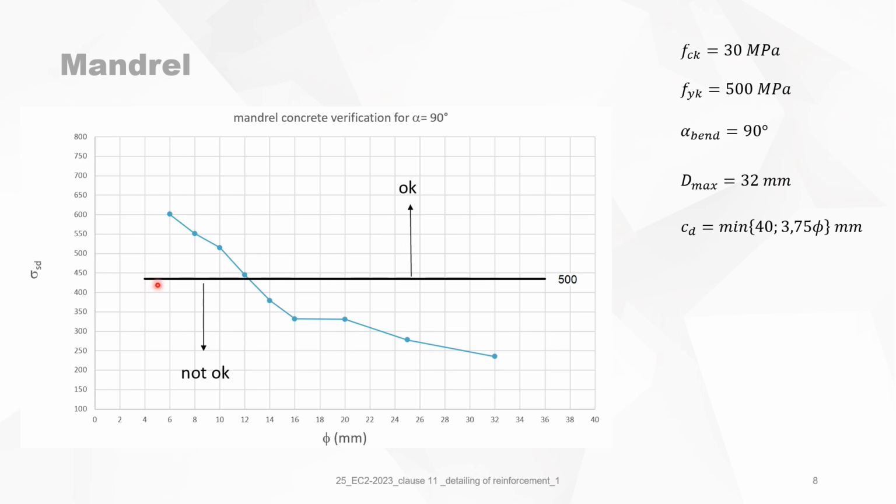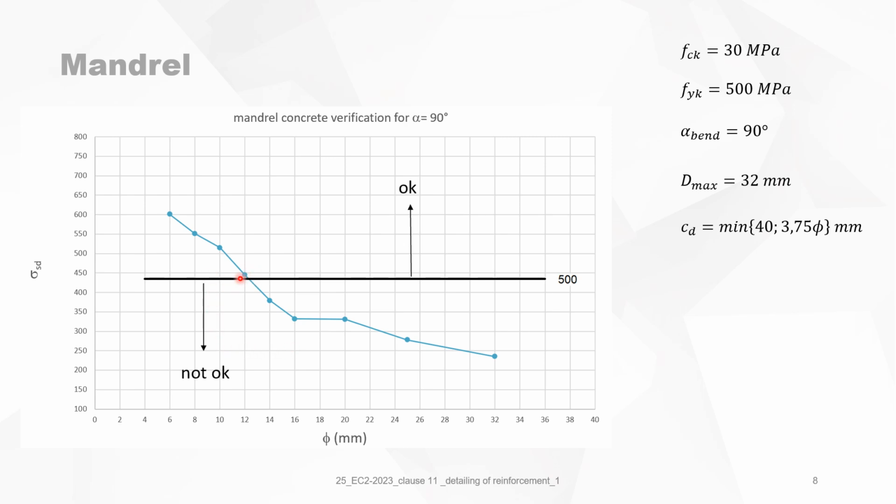Everything above this line is okay, because the allowable stress to avoid crushing is bigger than the design value of the yield stress. Everything below is not okay, in the sense that you cannot use the stirrup, for instance, to its full capacity.